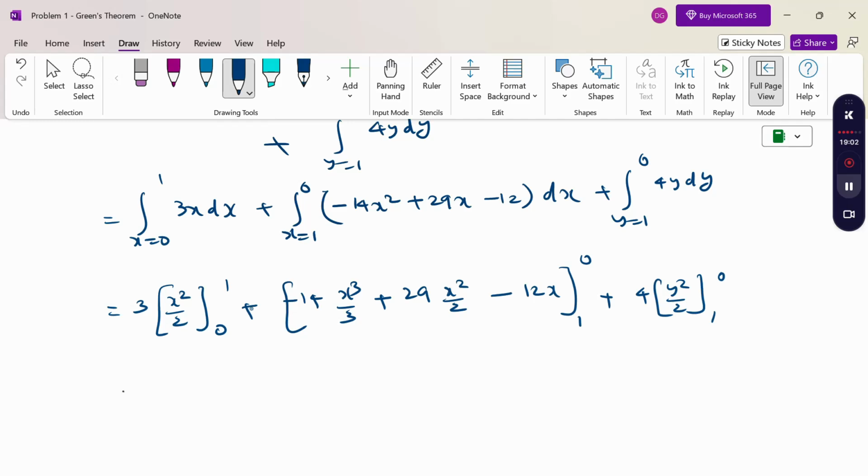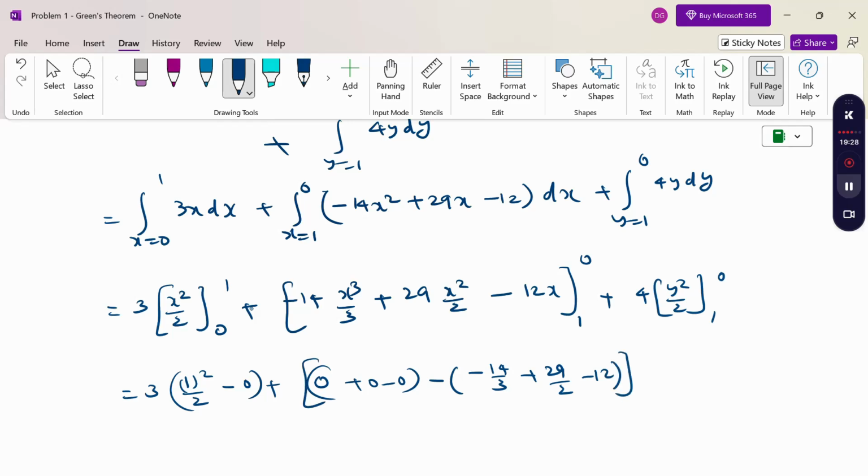Now substitute the limits: 3 times 1 squared by 2 minus 0, plus minus 14 by 3 plus 29 by 2 minus 12, upper limit minus lower limit, plus 0 minus 4 by 2.